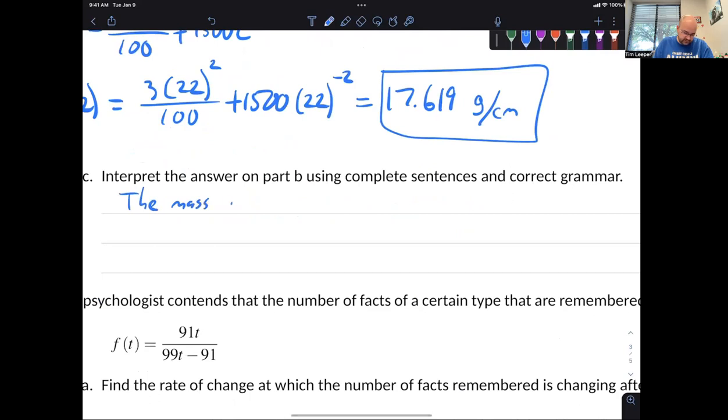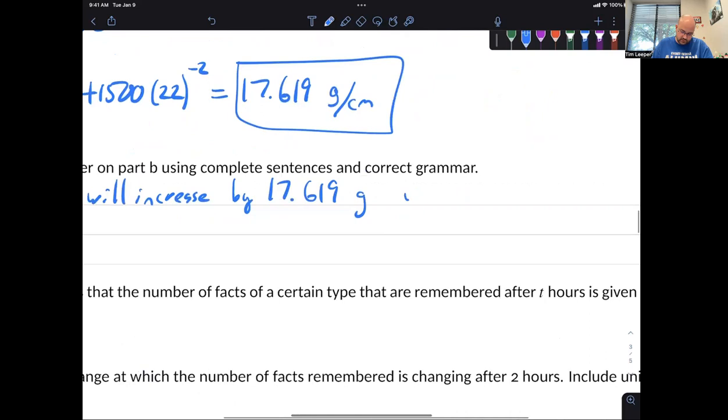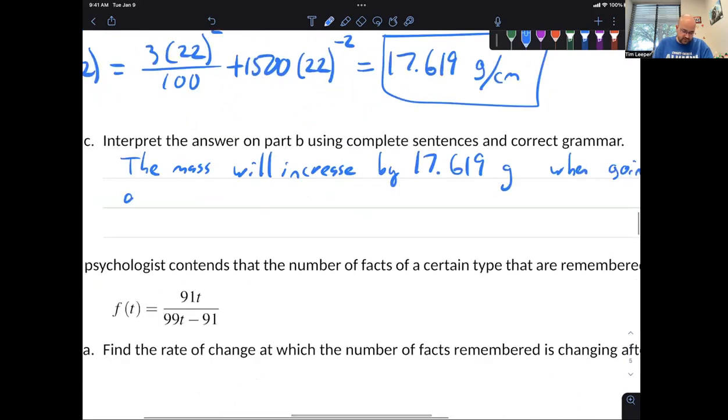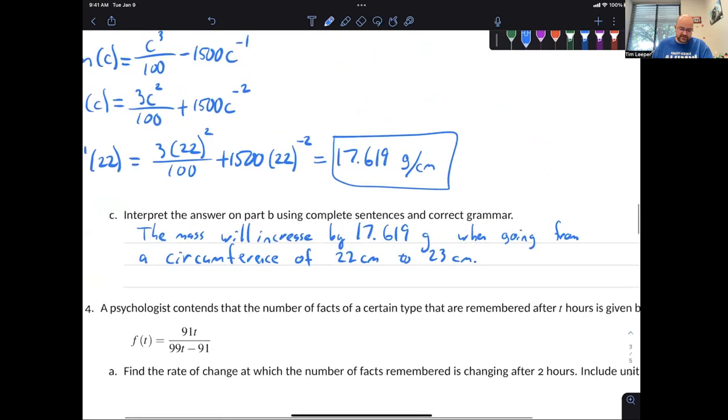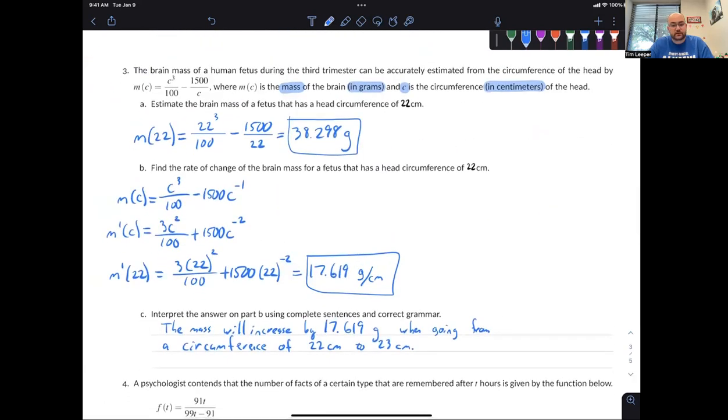The mass will increase by 17.619 grams when going from a circumference of 22 centimeters to 23 centimeters. Now, this is an approximation, really, but it's a decent approximation. And there we go.